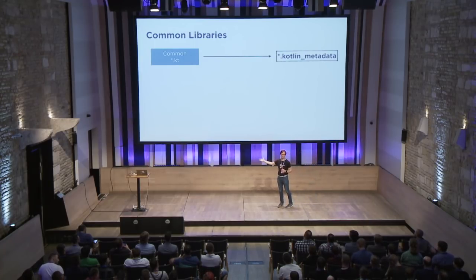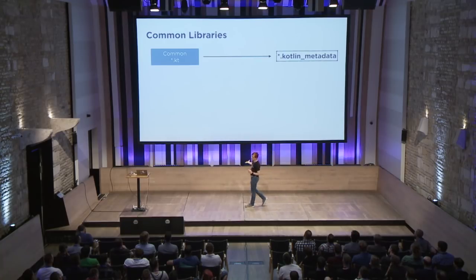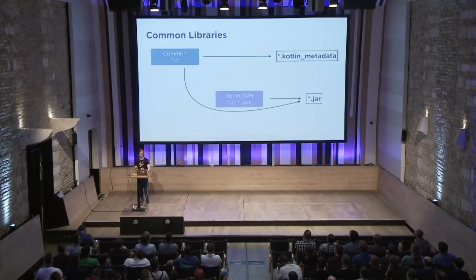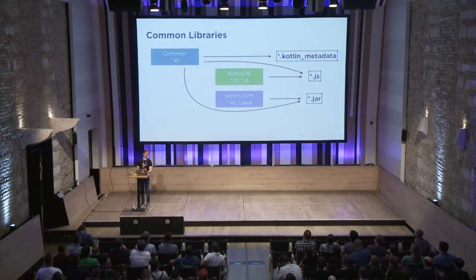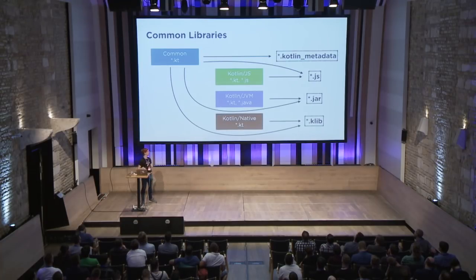You can verify that you are using these correctly, but in order to compile your module, you need to have a platform module in addition to that. And this platform module will pull down the executable code for this library. Because when you compile the library for a specific platform, you now get regular code that you compile to a jar in the case of Java, to JavaScript source code in the case of Kotlin JS. And in the case of Kotlin Native, we have something called a klib.